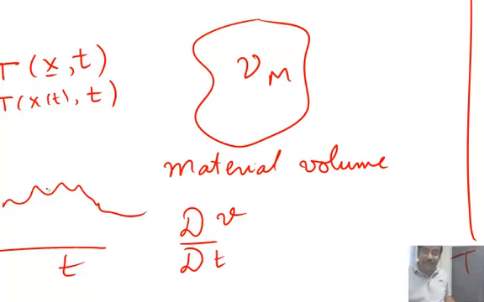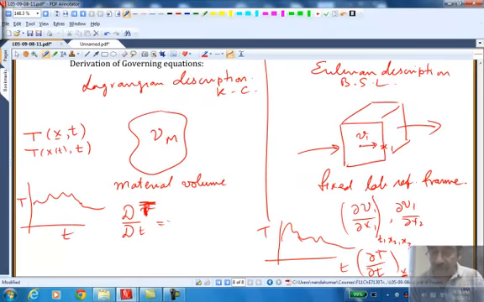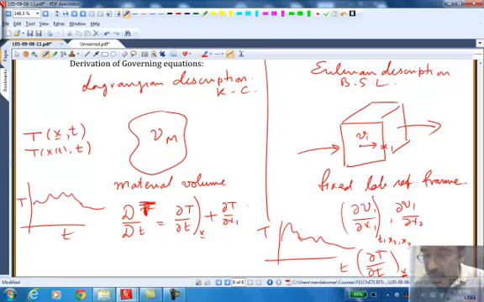So when I'm taking the derivative of that temperature, what I'm really taking is a derivative of that temperature with respect to time, keeping the position constant, plus how fast the temperature is changing with position, dT/dx1 times dx1/dt, plus dT/dx2 times dx2/dt, plus dT/dx3 times dx3/dt.